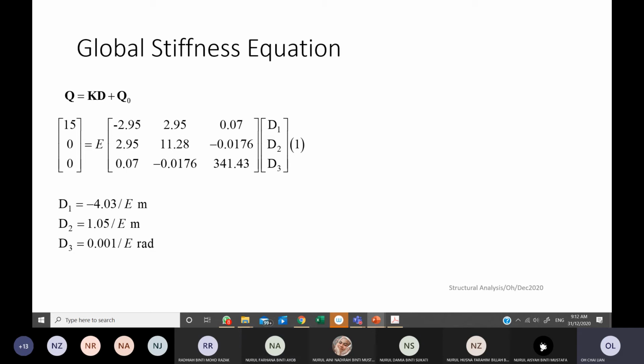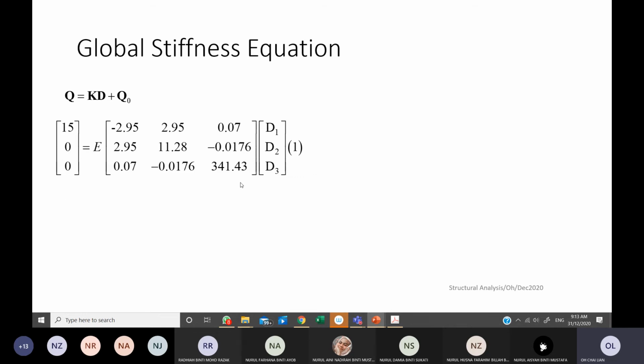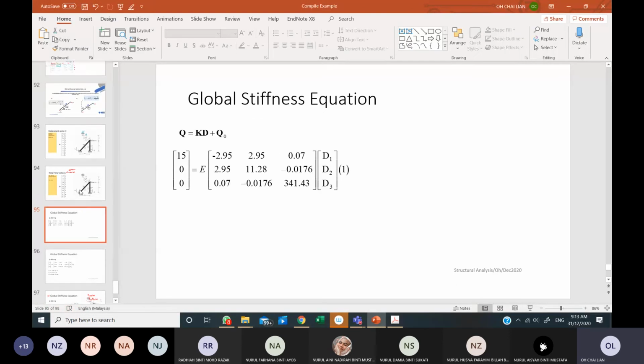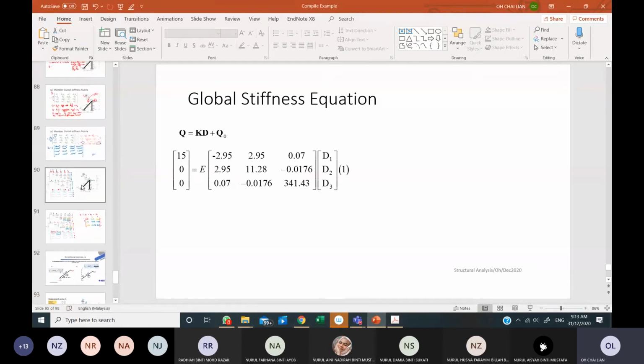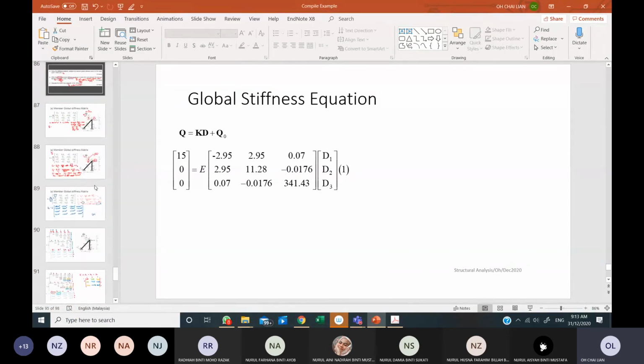Doctor, I got for D1 positive 2.95. This one is wrong, it is from my other class. Can we check again? What was our calculation just now?